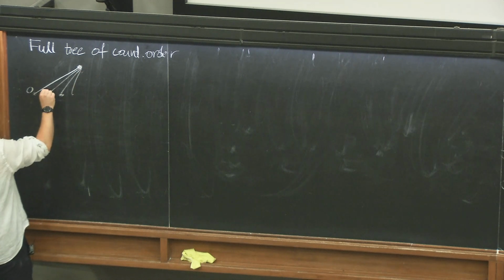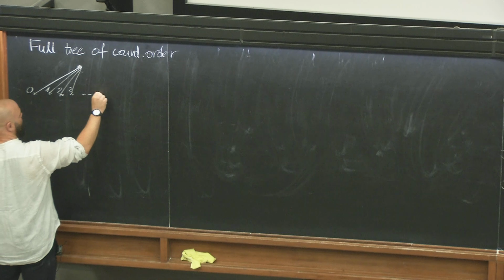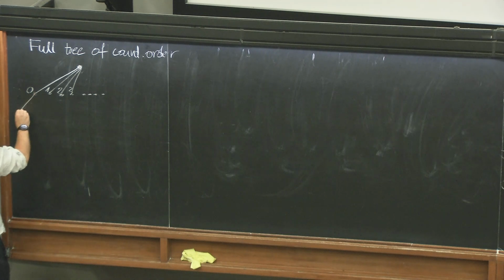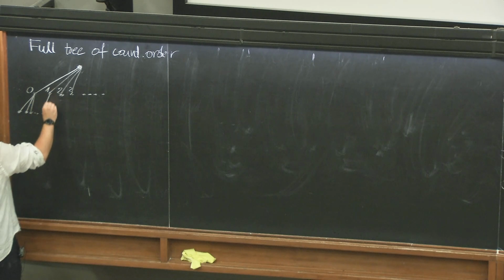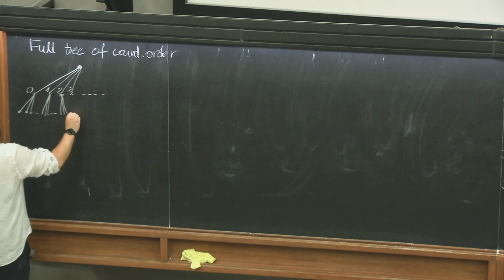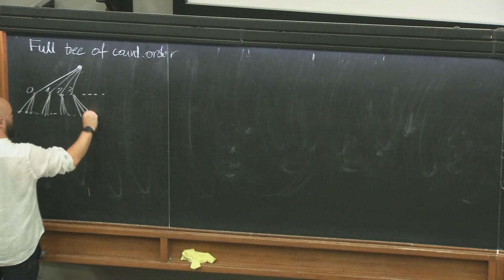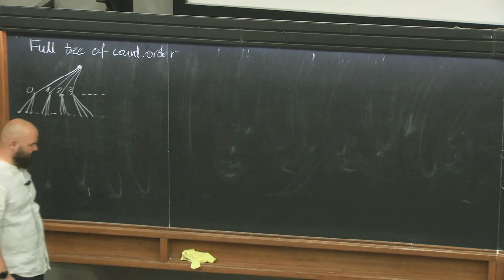So we can index them by 0, 1, 2, 3, etc. Each of those has, again, countably many children. And you go on infinitely many steps, right? So this is the full tree.